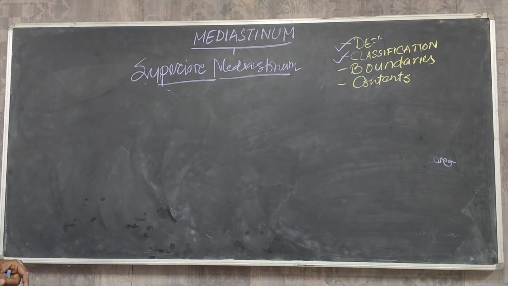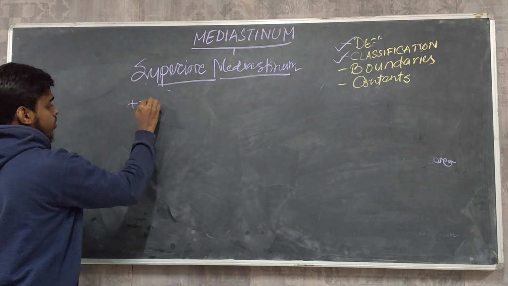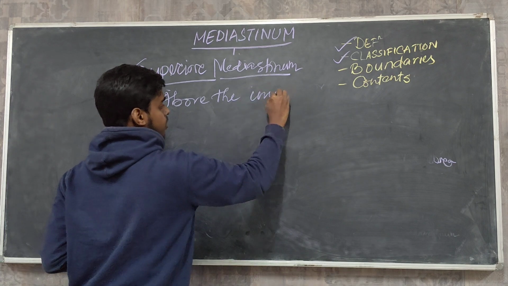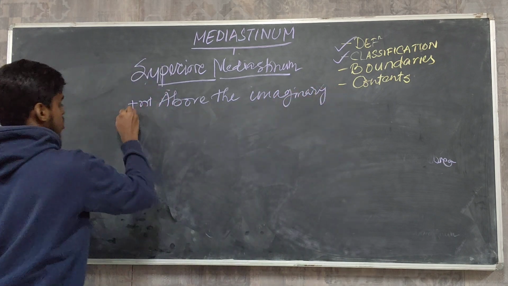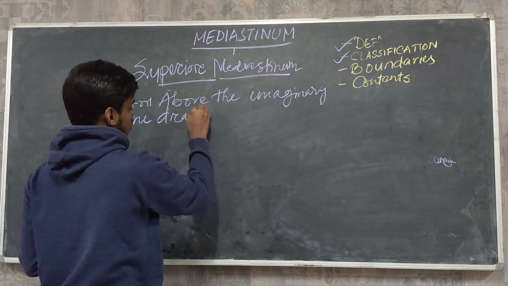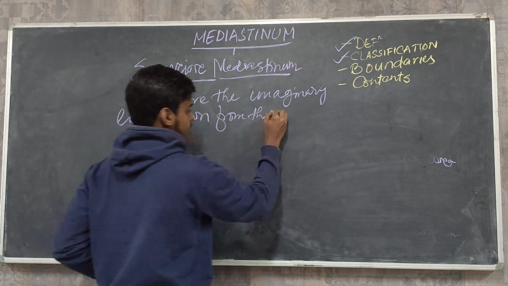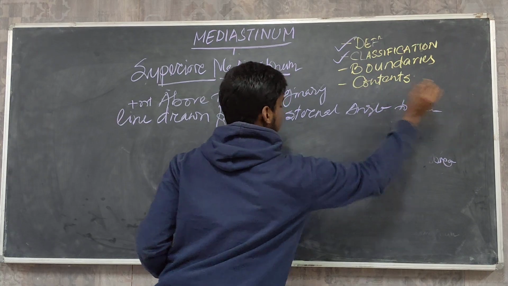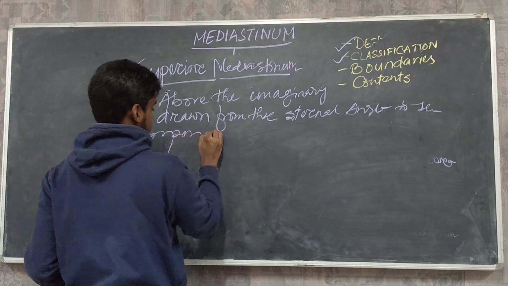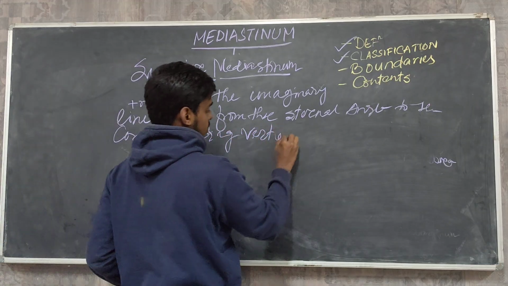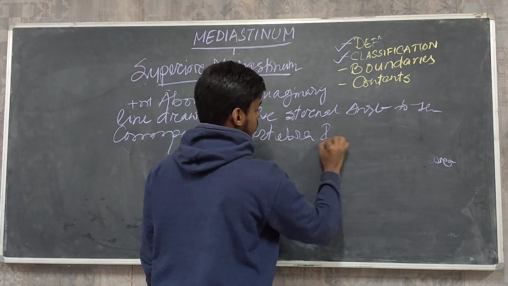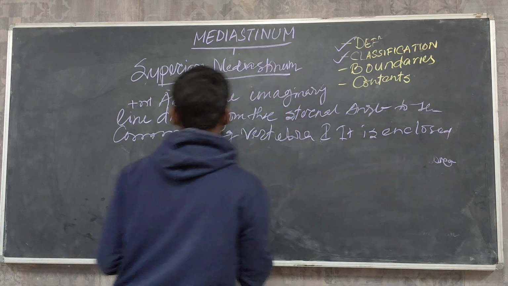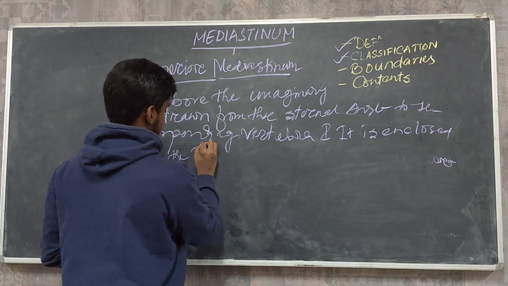So what is superior mediastinum? It is present above the imaginary line drawn from the sternal angle to the corresponding vertebra, and it is enclosed by the thoracic inlet.